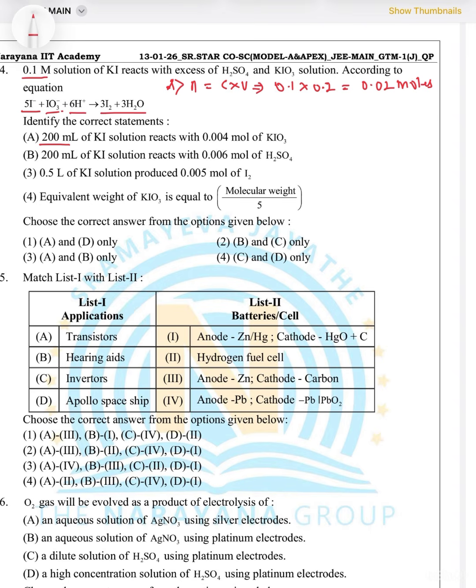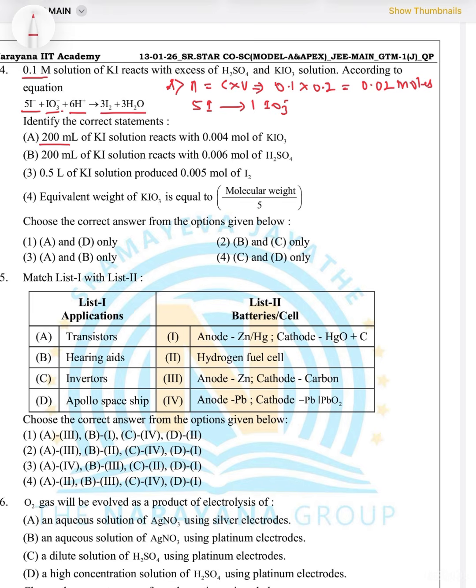So here 200 ml of potassium iodide solution reacts with 0.004 moles of KIO3. So according to the stoichiometric equation, 5 moles of iodide reacts with 1 mole of IO3 minus.